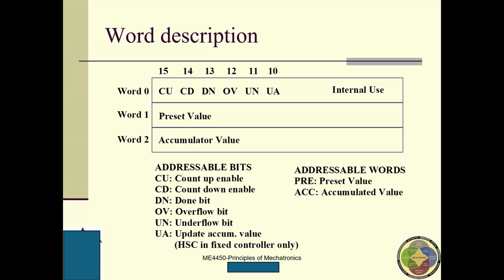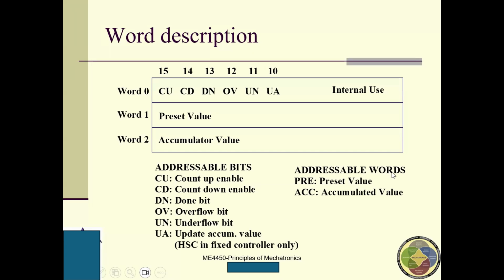And overflow means that the number is greater than the upper limit. The UA is the updated accumulated value. And HIC is for the fixed controller only. This is the counter, right?